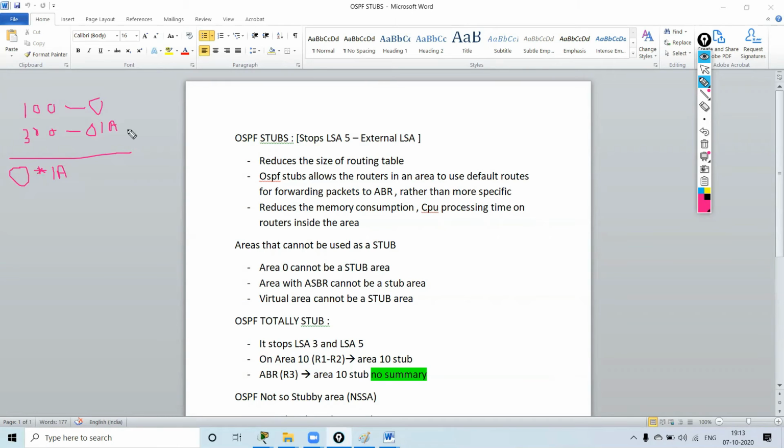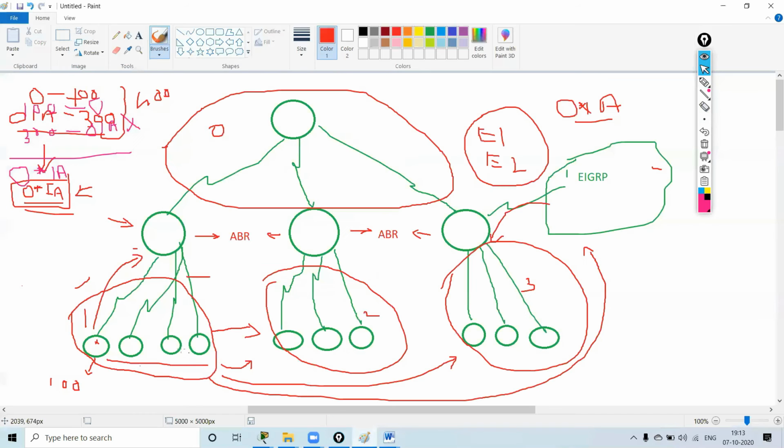Now I want to remove these OIA routes, because if I want to go to any other area, I have to go to this ABR. If I want to go to any other area, I have to go to this ABR.